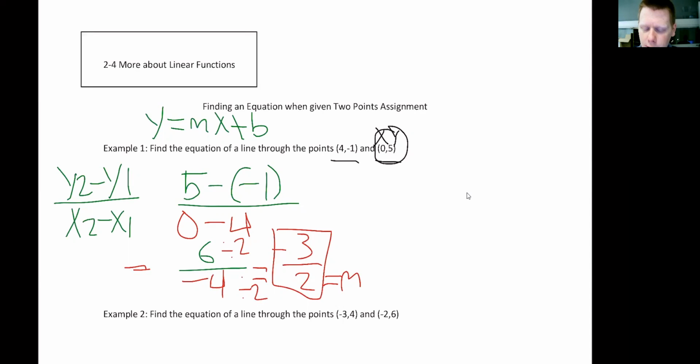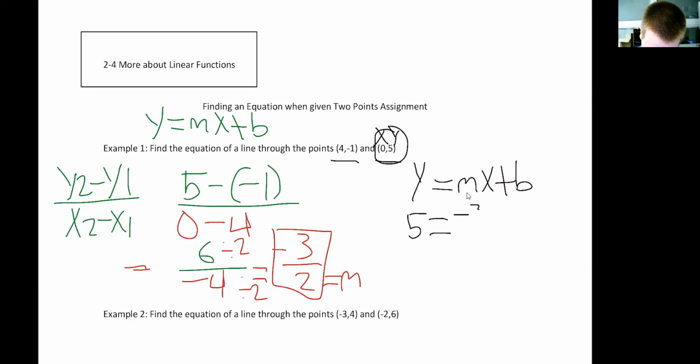You'll get the same final answer. We plug everything we know into y equals mx plus b. My y is 5 from the point I picked. My slope we just figured out was negative 3/2, so that's your m. My x is 0, and we don't know what our b is, so that's what we're trying to find.